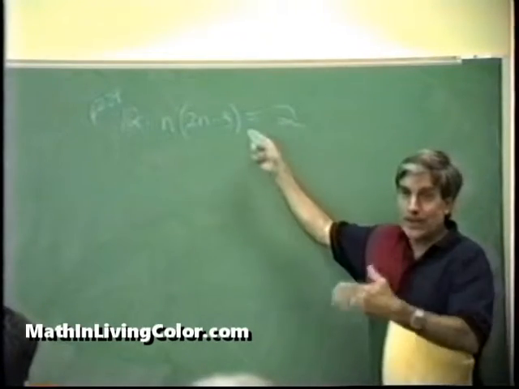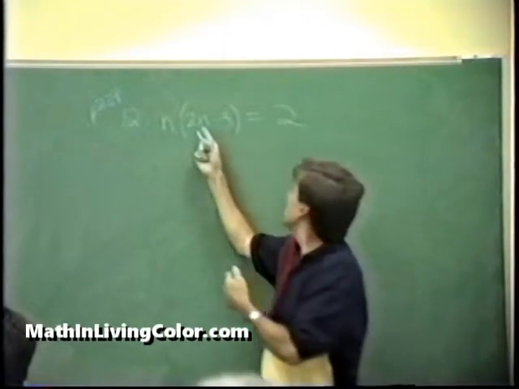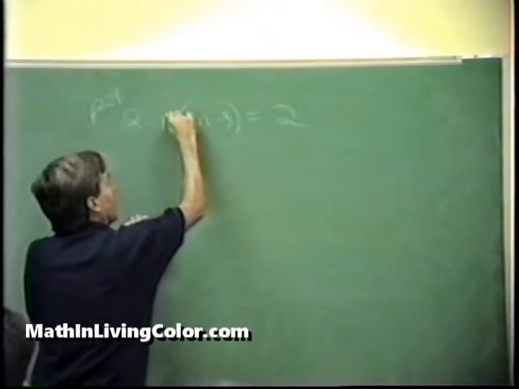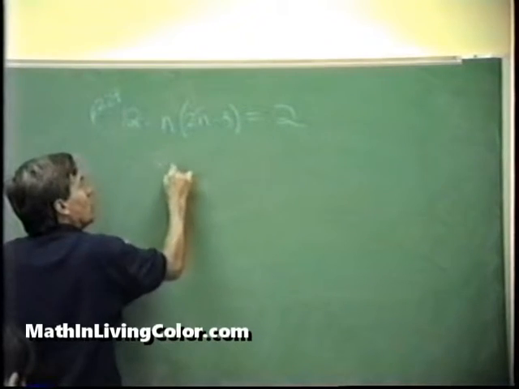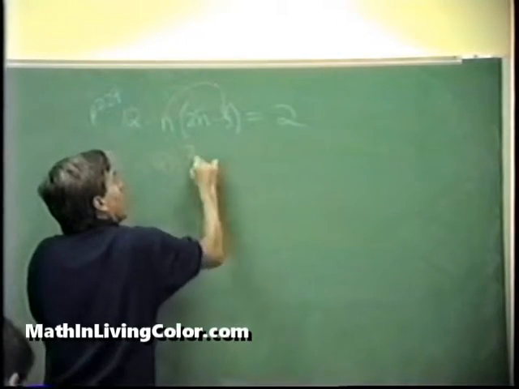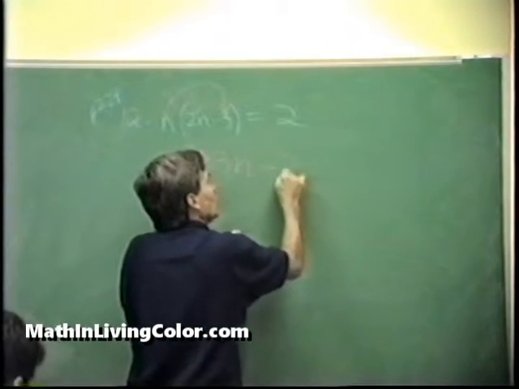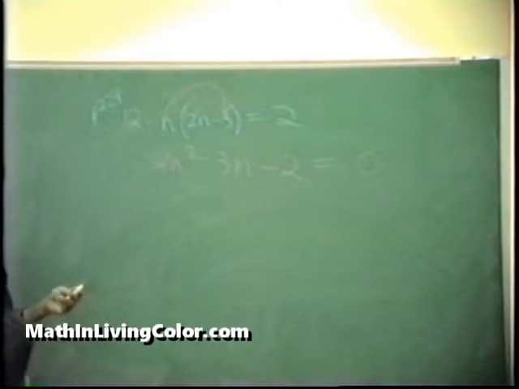And it's factored, but not in a way that's going to be helpful. What I want to do is multiply it out and get it equal to 0, which would give you 2n squared minus 3n minus 2 equals 0.